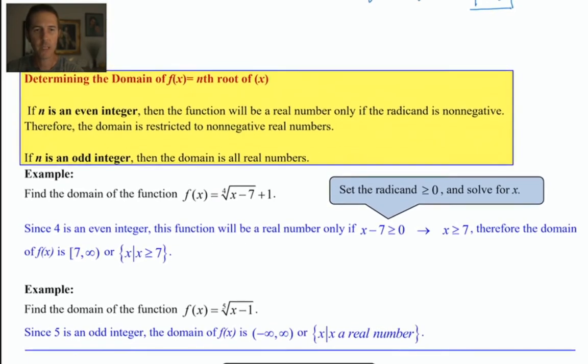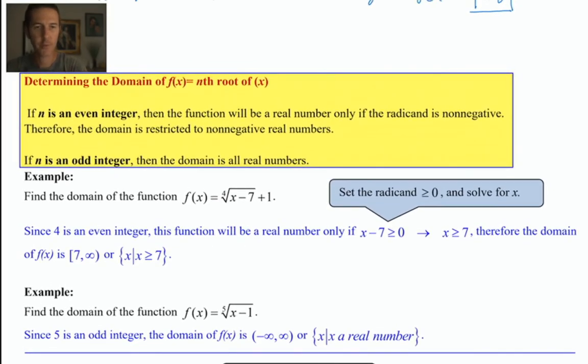And very much related to the radical function conversation is to find the domain of a given radical function. In this case, you can see that the index is even. Well, let's look at this yellow box first. If the index is an even integer, then the function will be a real number.